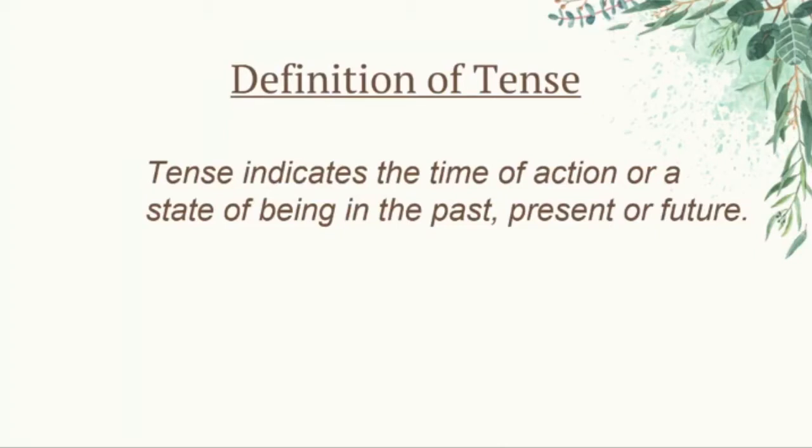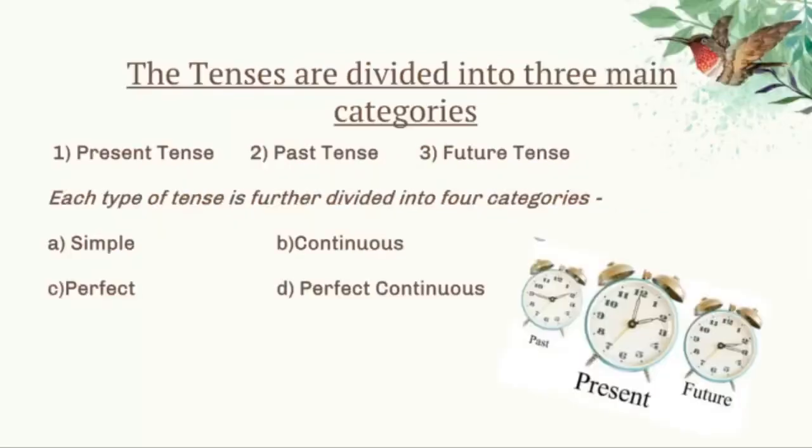Children, tense indicates the time of action or a state of being in the present, past, or future. In simple words, tense shows us when any particular action was done. Children, we divide tense into three broad categories: present, past, and future.